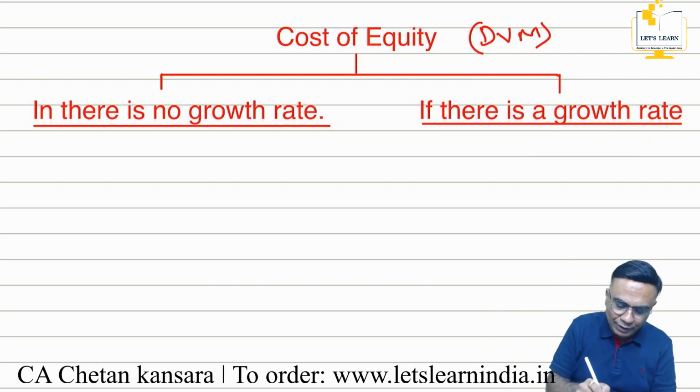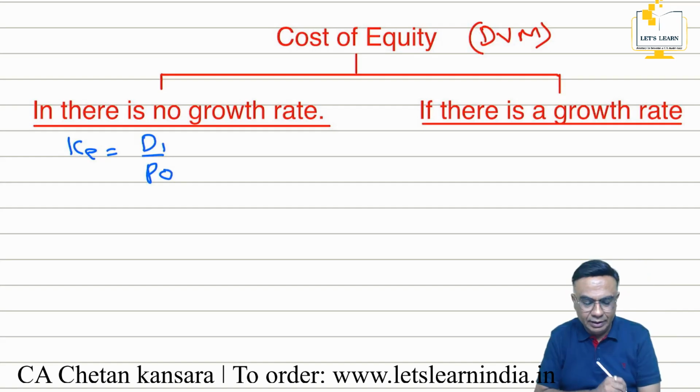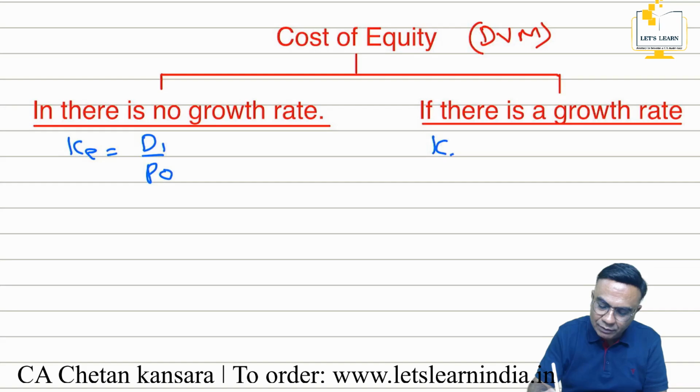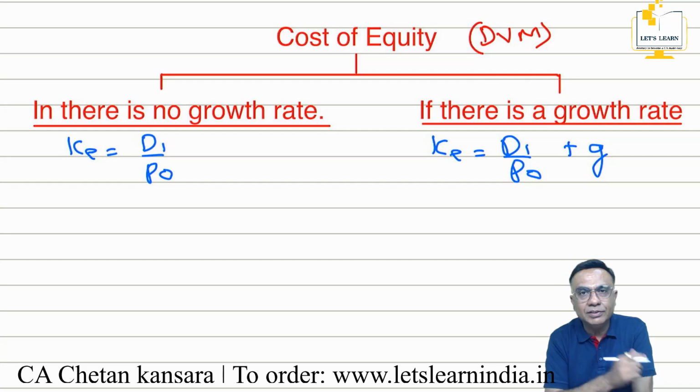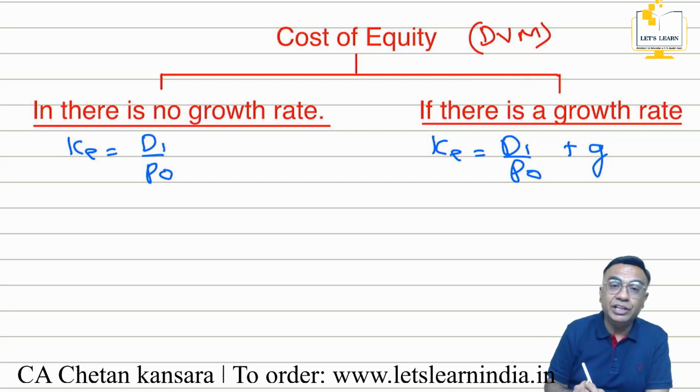The formula for calculating KE, cost of equity, will be D1 upon P0 into 100 plus the growth rate. What is D1?